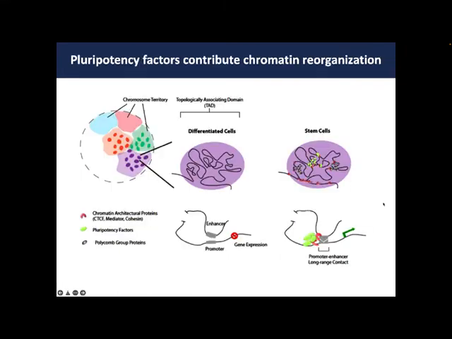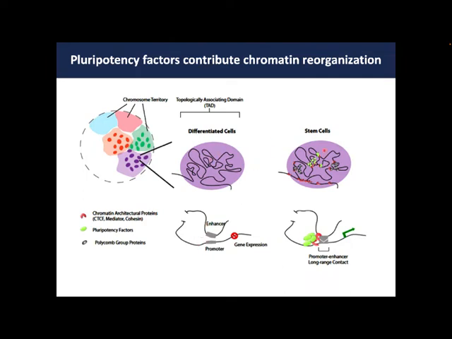An interesting thing is that pluripotency factors like the reprogramming factors, OSKM, facilitate the newly formed chromatin interactions and change the chromatin organization to facilitate the reprogramming. So here is the description of a differentiated cell, and in a differentiated cell, the interaction of DNA segments is not very tight. So enhancer and promoter are located closely, but they do not fully, tightly interact.